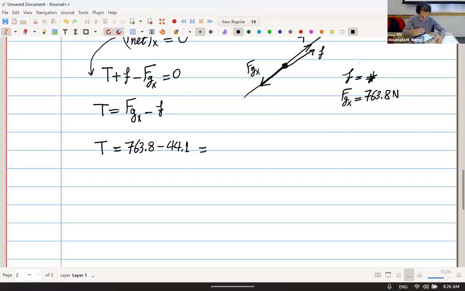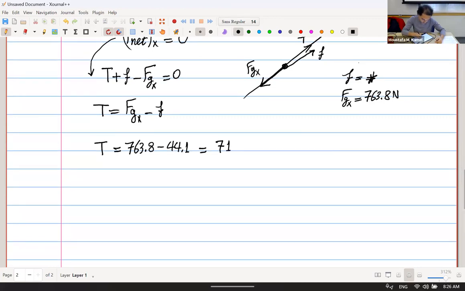So if you do this calculation, you'll get that tension is equal to 719.7. So we managed to get tension.